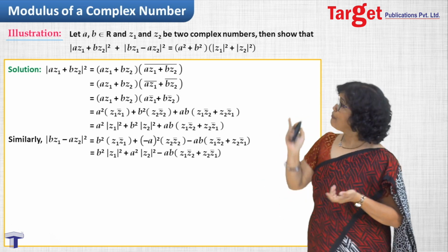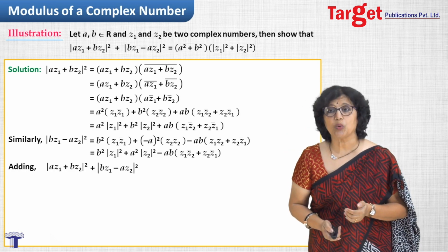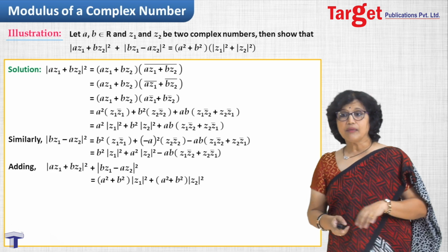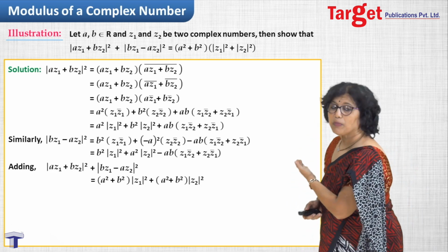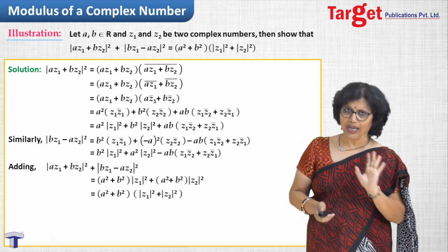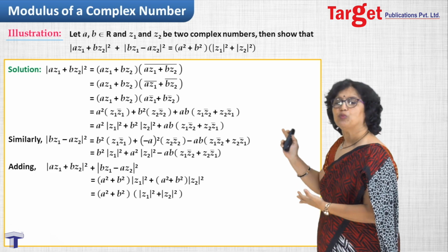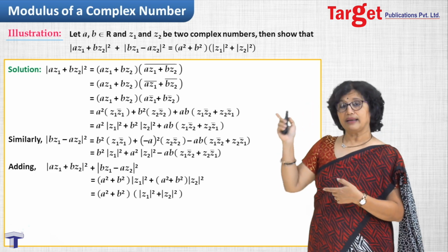What is our job? The left hand side says that we have to add these two quantities. When I add them, I get (a square plus b square) into mod z1 square plus (a square plus b square) into mod z2 square. a square plus b square can be taken common, and this leads to mod z1 square plus mod z2 square. Mind you please, this is nothing but your right hand side.